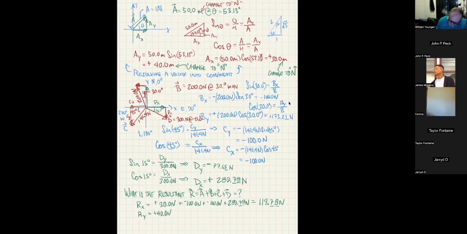B sub y was positive 173.21 newtons. C sub y was negative 100.0 newtons.